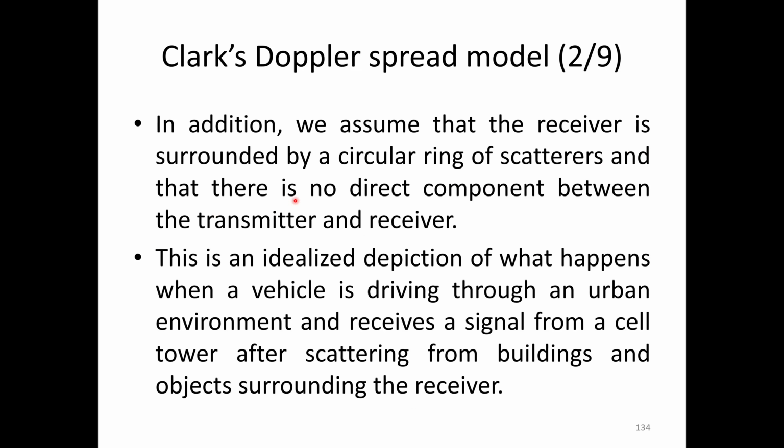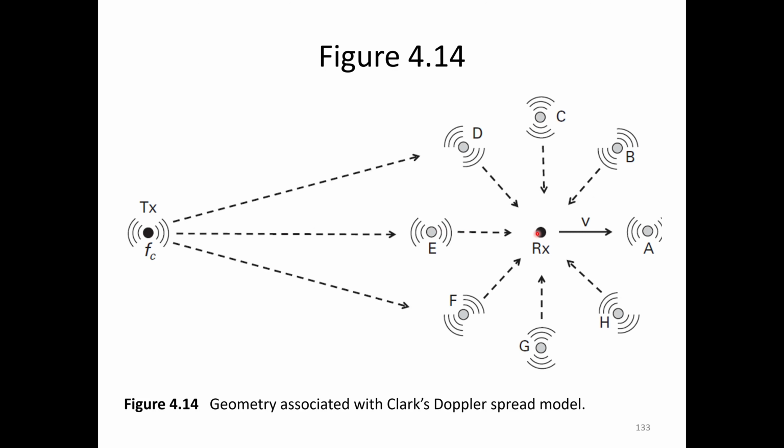And that there is no direct component between the transmitter and the receiver. So we can see that there is no direct component between the transmitter and the receiver. Please note that this dashed arrow is from the transmitter to the scatterer E, and this dashed arrow is from the scatterer E to the receiver.